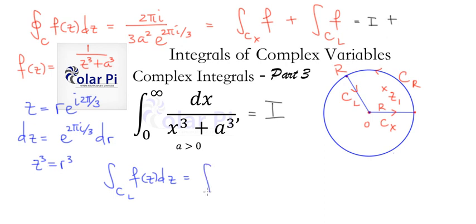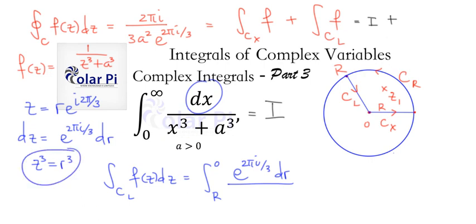So it's going to be from r to 0 of dz, which is e to the 2 pi i over 3 dr, and then over z cubed, but that's r cubed, plus a cubed.